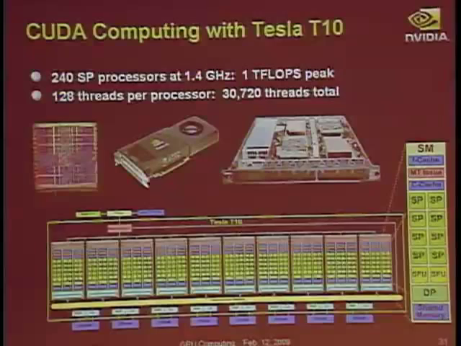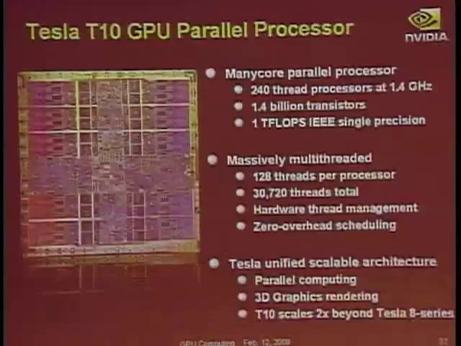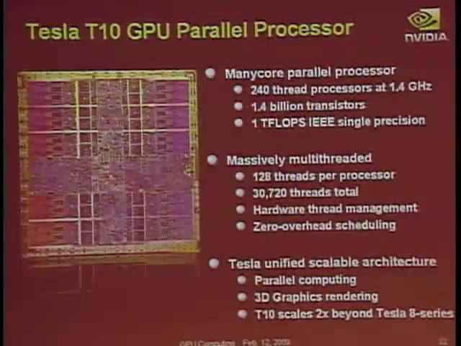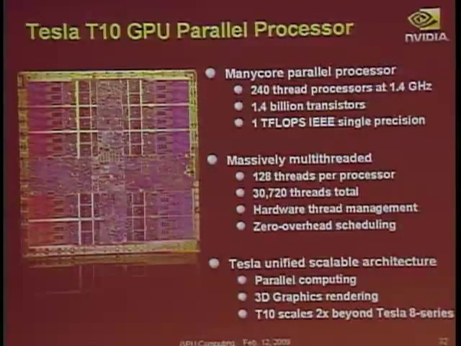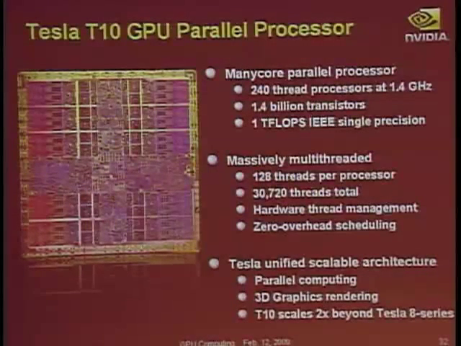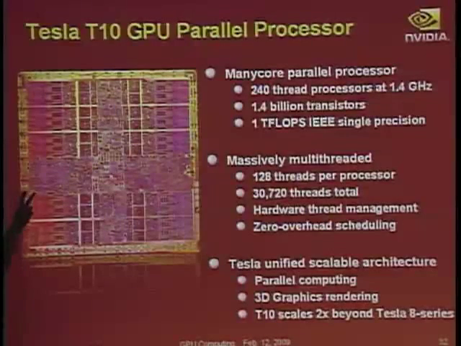So let's see. Can you point to pieces on that? Sure. So here, there's 240 SP thread processors here, and that means there's 30 SM processors, and you can see there are 10 clusters.